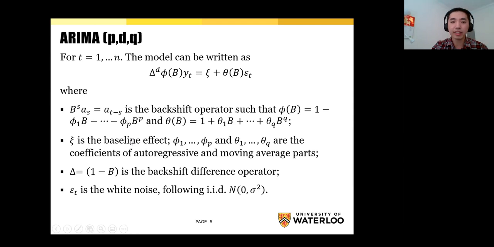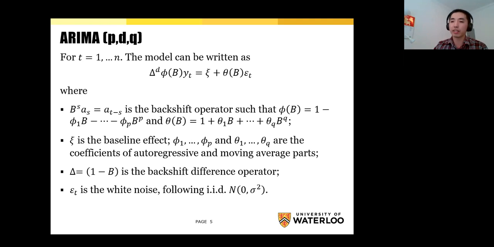And not only that, sometimes your data set is actually not that easy, so you've got to transform it somehow to make it follow a certain kind of distribution. One way to transform in a time series model approach is by taking a backshift difference. That means, rather than just looking at the daily numbers, you take a look at the difference between today and yesterday, and you take this difference as your first data point.